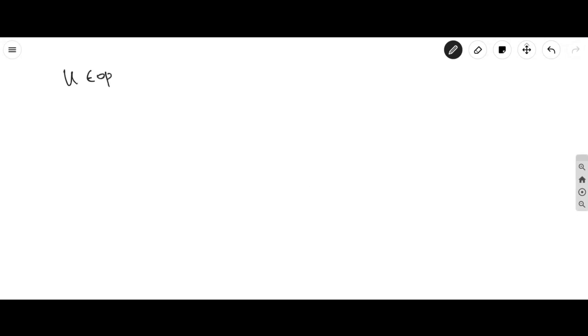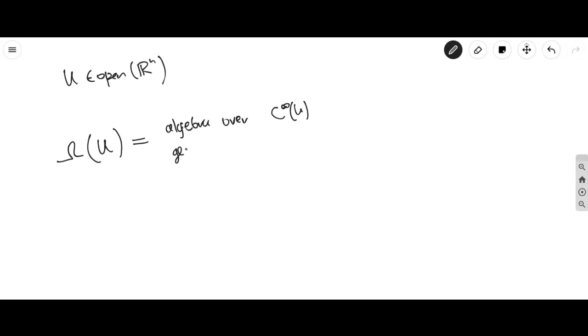Let's say that U is an open set in Euclidean space. Then the differential form algebra is the algebra over smooth functions that is generated by the symbols dx1, dx2, up to dxn.